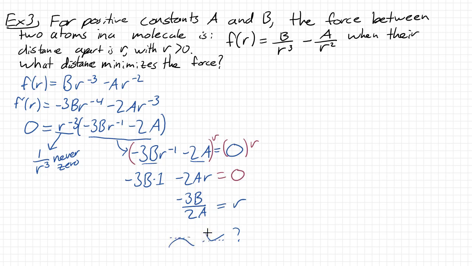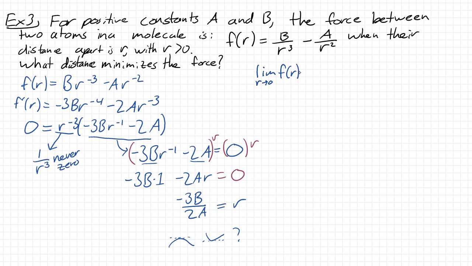We could use a second derivative test, but that actually ends up being kind of a pain to plug in this thing with the b and the a into a derivative with high powers of r like that. So let's look at the limit as r approaches 0 of this.